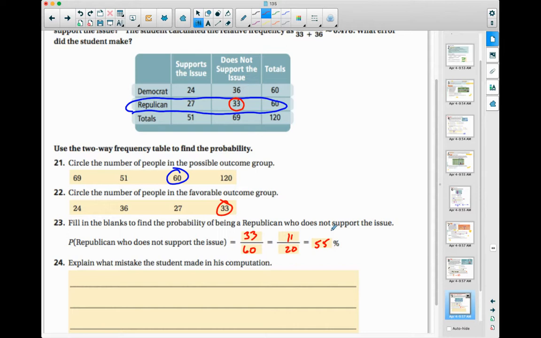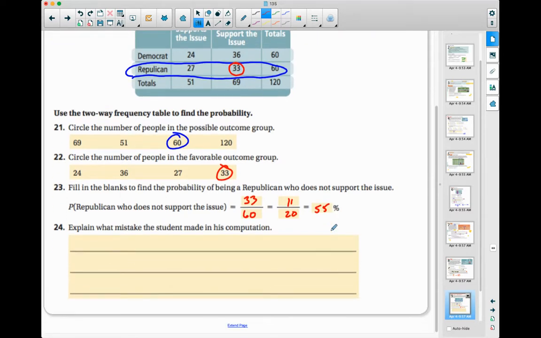Explain what mistake the student made. They used the total number of people instead of the total number of Republicans. So they used the entire sample set instead of just the Republicans.